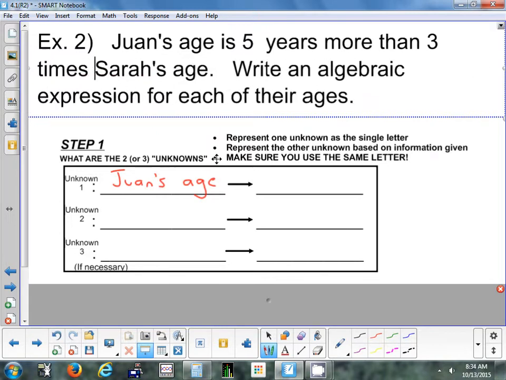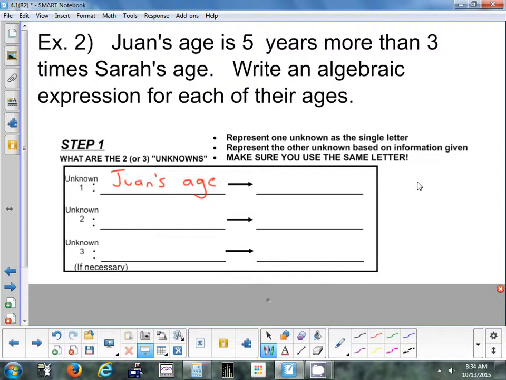What you guys had was right. Okay, so we fixed it. So Juan's age first. What's going to go here for unknown 2? Sarah's age. Good.